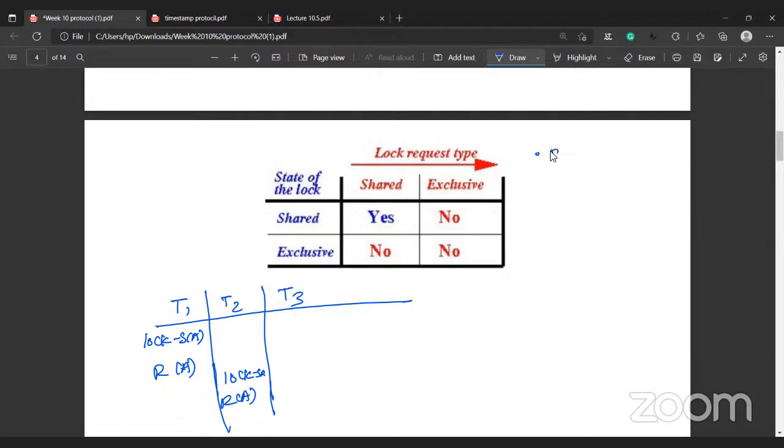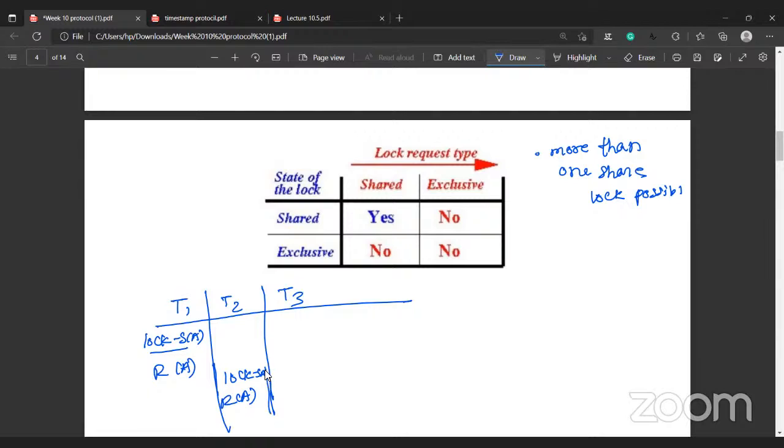More than one shared lock is possible. Everyone got it? Yes, sir.